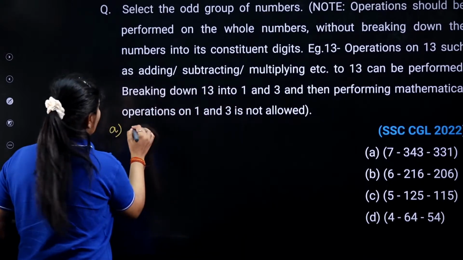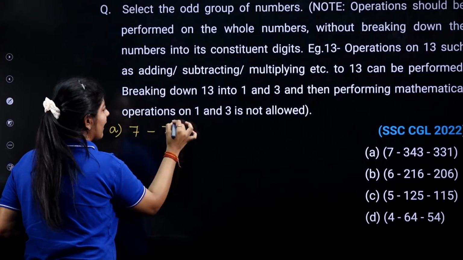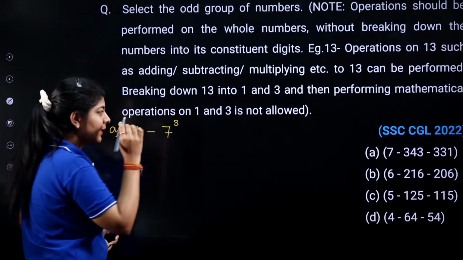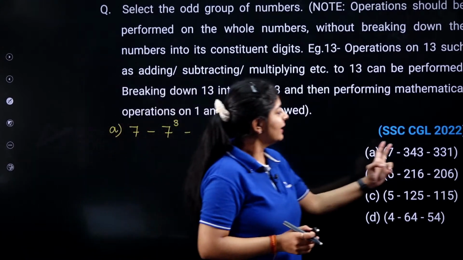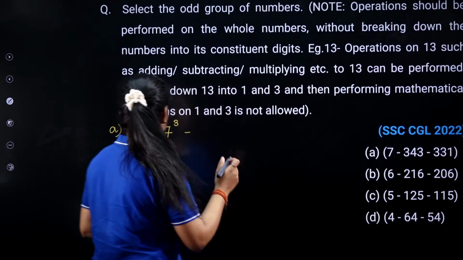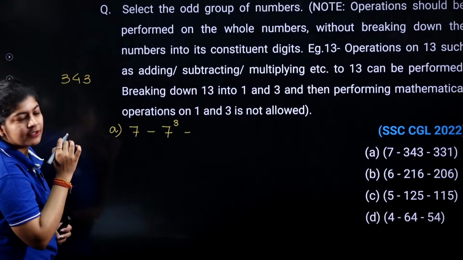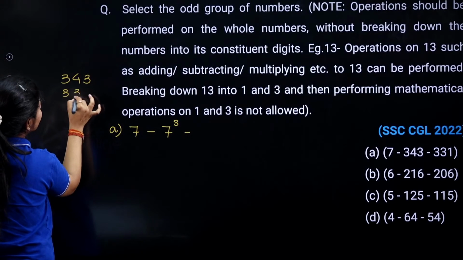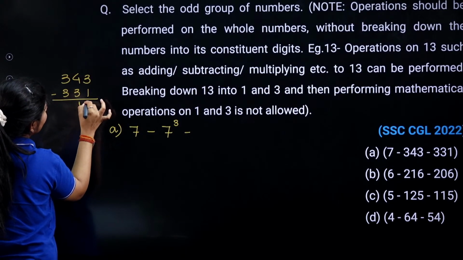So here we have 7, and the cube of that. And for the third number, what is the difference? We have 343 and the other number is 331. What is the difference that we are getting here? We are getting 12.